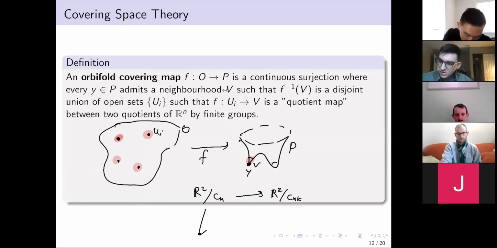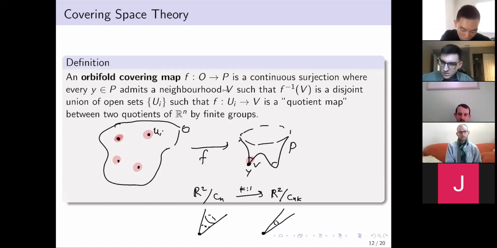So initially I have some cone of angle 2 pi over n, and then I wrap it round k times. So this is a k to 1 covering map, in fact, into a smaller cone because now the angle is divided by k. This is not a covering map topologically. This is a branch covering map because it has a fixed point at the origin, at the cone point. But we call this an orbifold covering map.